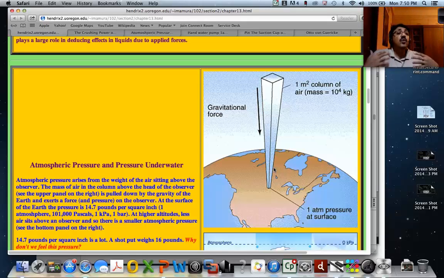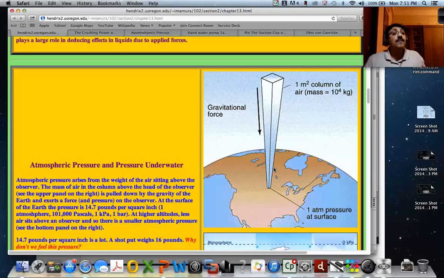When you're sitting here, there is a column of air above you for a few kilometers, as much as the atmosphere extends. The student was saying it is pulled by the gravitational force. Absolutely. Solid objects we throw up are pulled down. That gas is also pulled down, so gas has weight because of that.